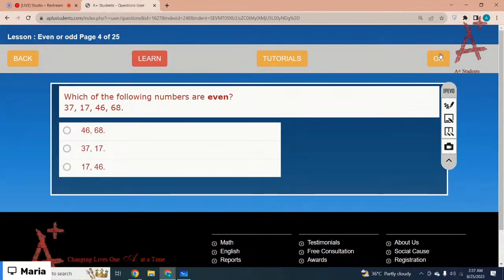Which of the following numbers are even? Even numbers are the ones that are divisible by 2. So which is the correct option?